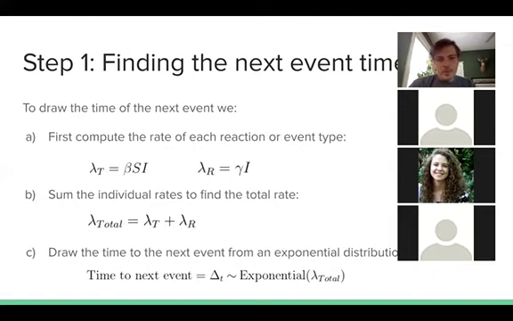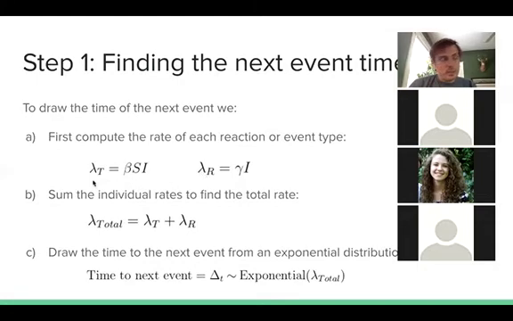So the first thing we have to do, step A here, is we have to first compute the rate at which each reaction or event type occurs. And so again, in our SIR model, we have transmission events and we have recovery events.